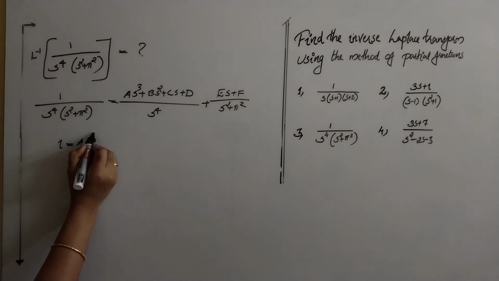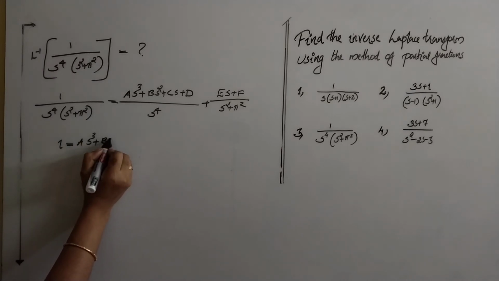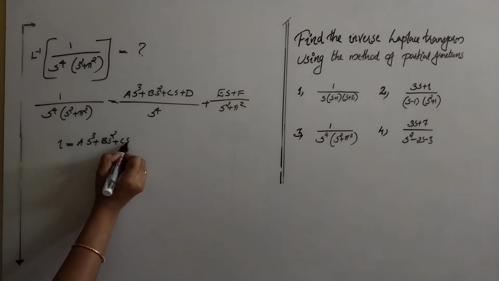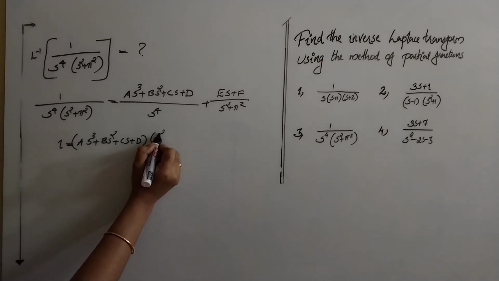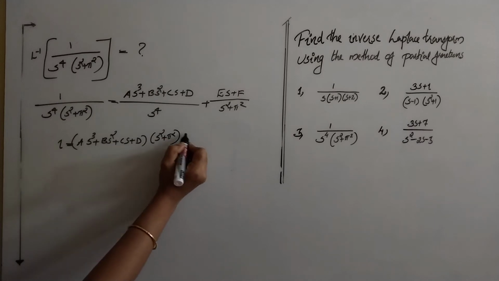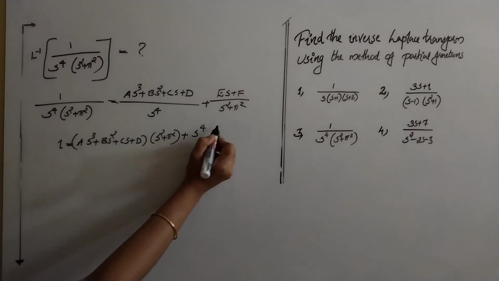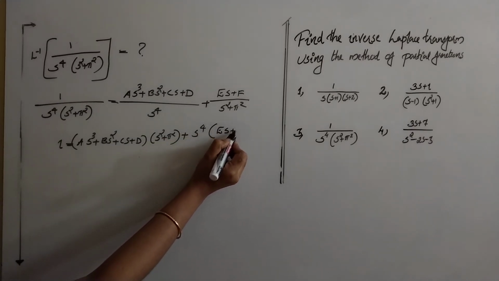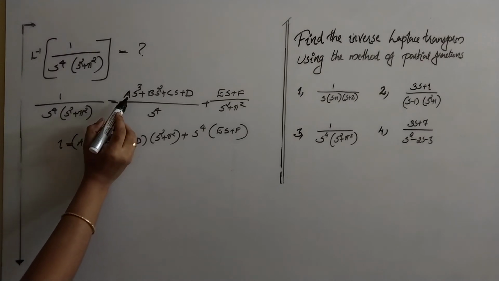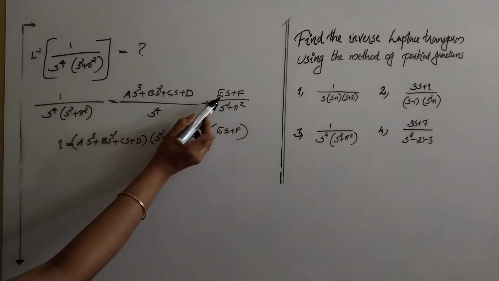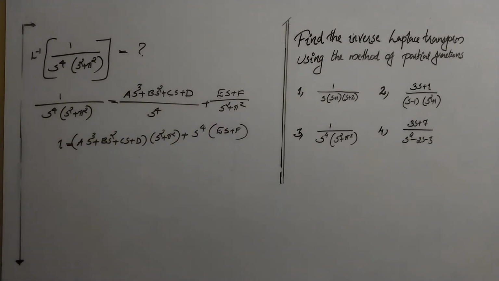Now to equate the numerator, just cross multiply. That is a s cube plus b s square plus cs plus d into s square plus pi square, plus s raised to 4 into es plus f, is equal to 1. Here we have 6 constants from a to f: a, b, c, d, e and f.